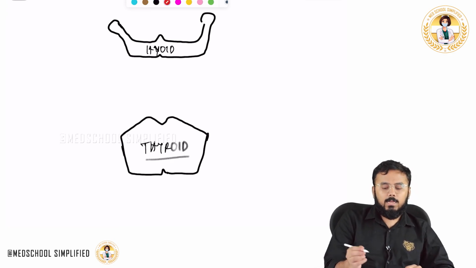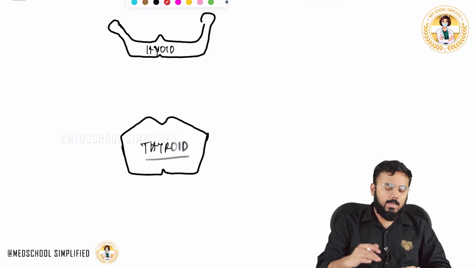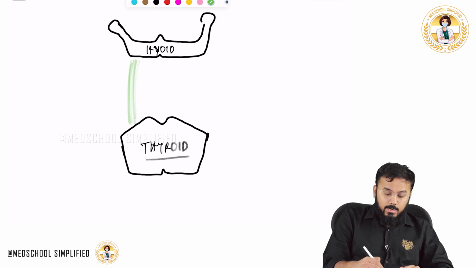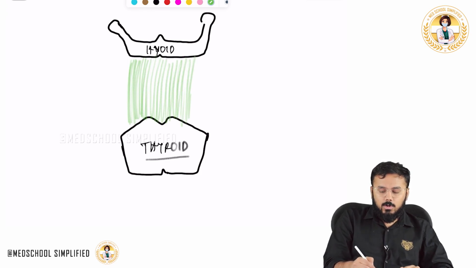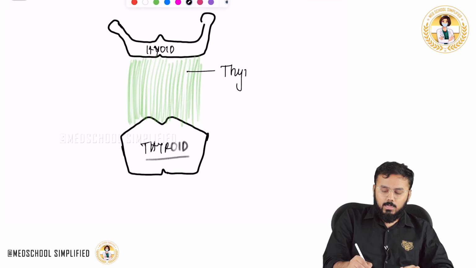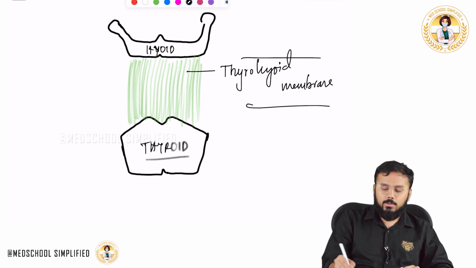Now let us draw the ligaments that are attached to your hyoid bone. The first important ligament: from the thyroid to the hyoid you see a ligament here. This ligament is called the thyrohyoid membrane.